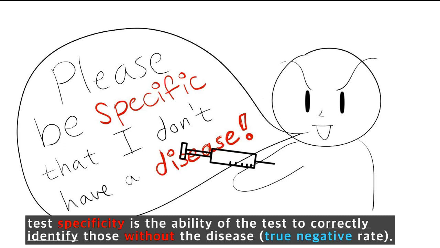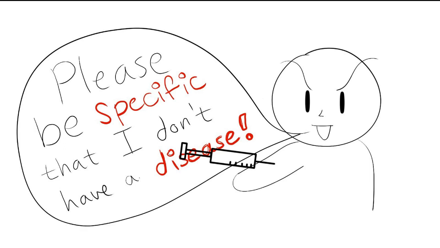So if the screening test is very specific, then it can filter out people who do not have disease, and they will not take them as diseased people. Okay, a screening test which has high specificity is good to correctly identify people who do not have disease.